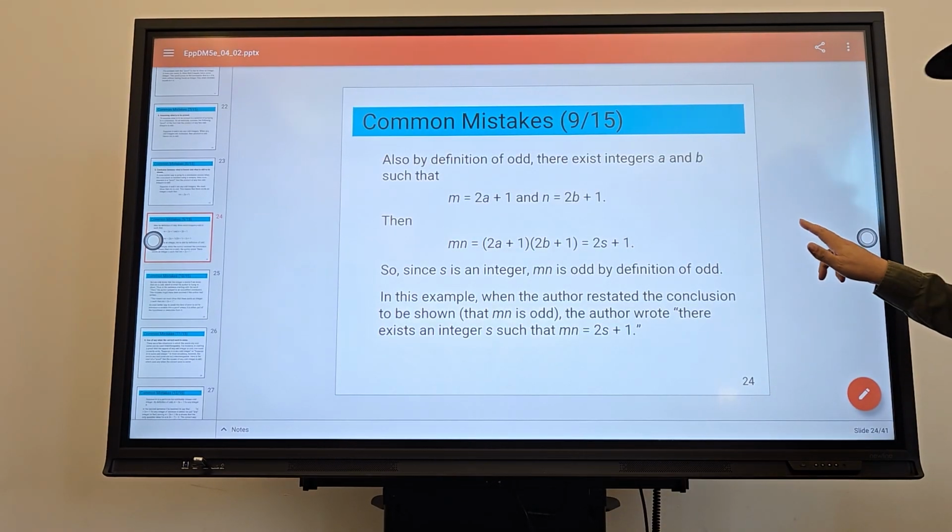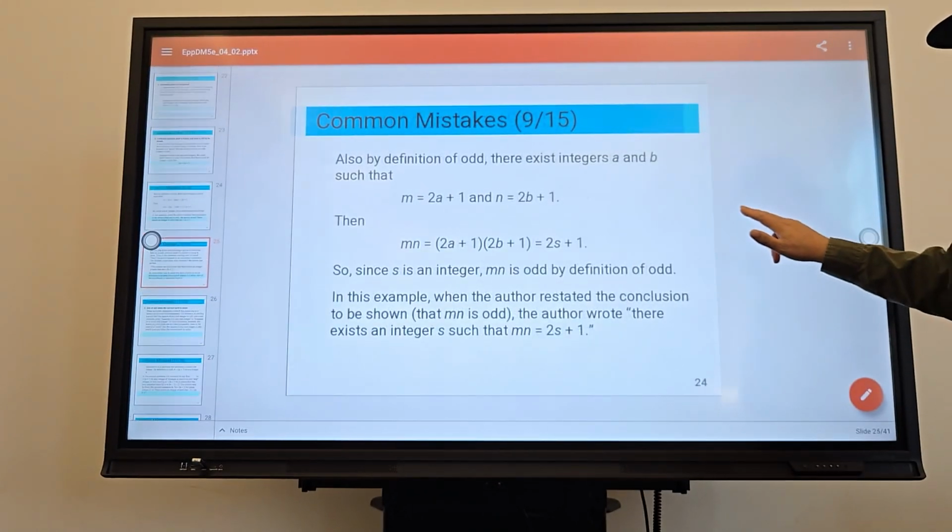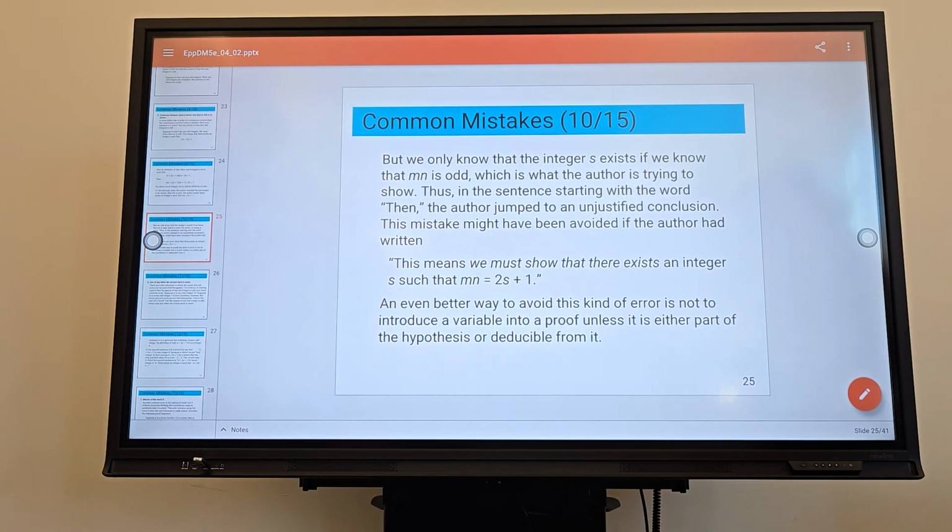So see here, we only know that s exists if we know m and n are odd, which is what the author is trying to show. Thus, in the sentence starting with the word "then," the author jumped to an unjustified conclusion.